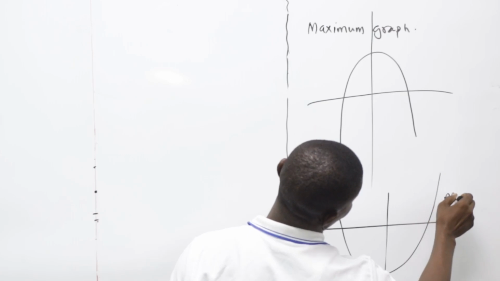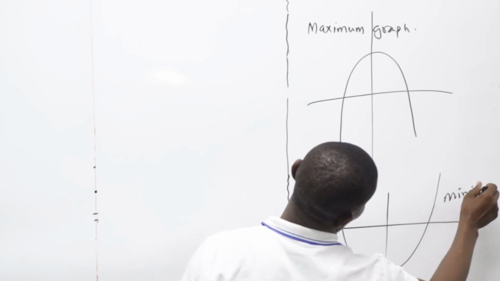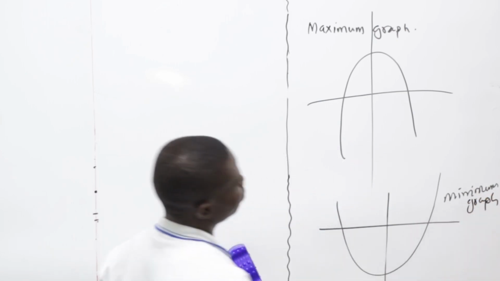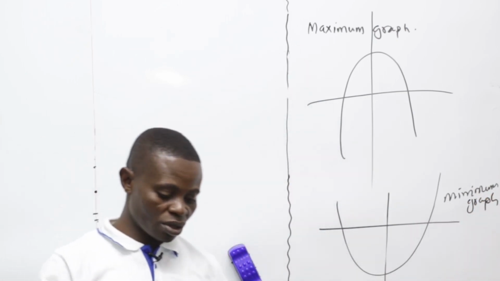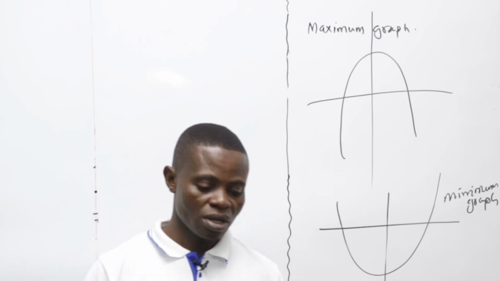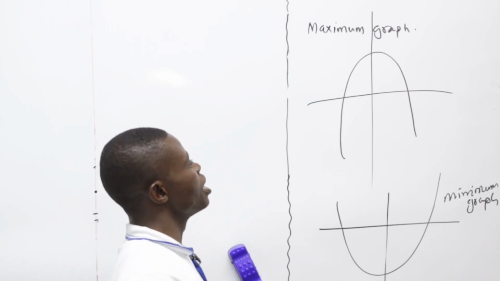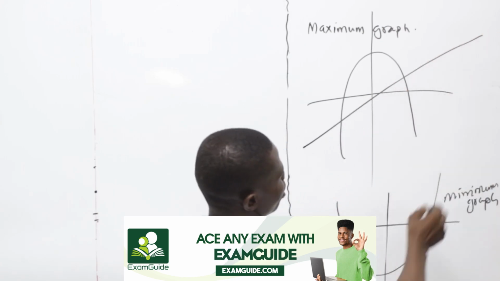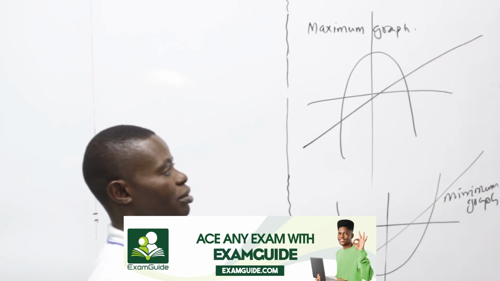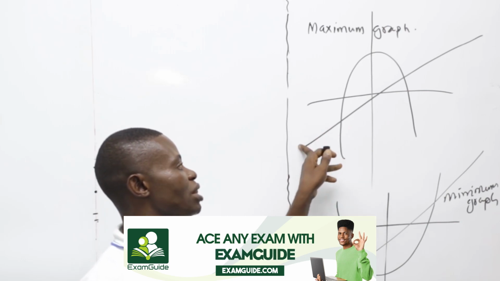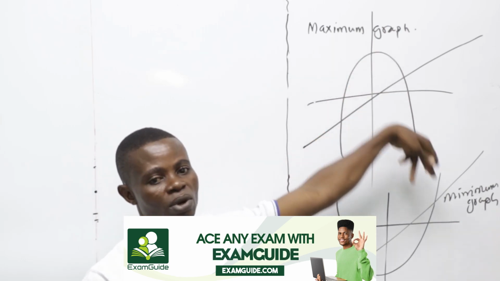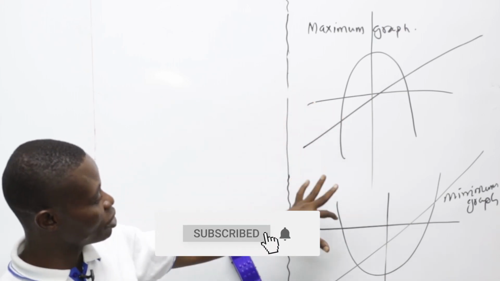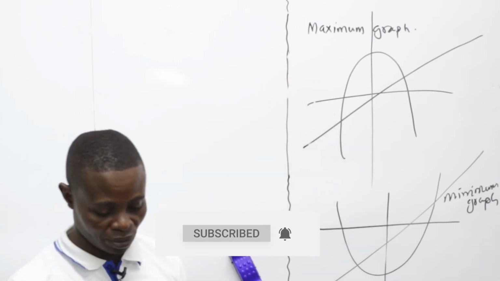We call it minimum. Minimum graph. While the other one is what? Maximum graph. Then linear graph, the one that will join like this or this way. You now call it one linear, one quadratic. They come in the minimum form or in the maximum form.